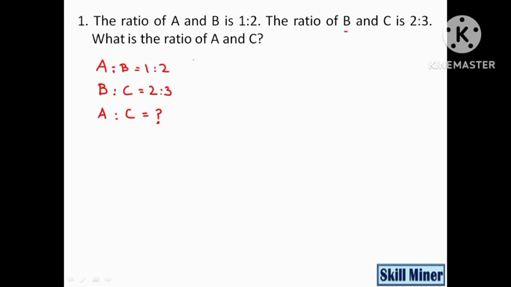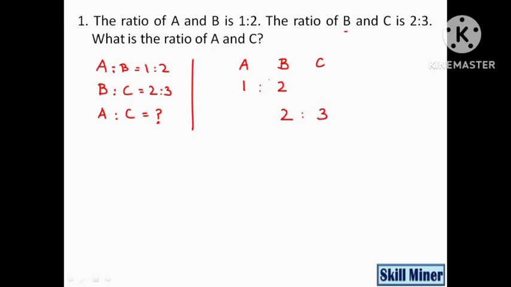In this type of problems, you separately write the variables, that is A, B, C. These three variables are mentioned in the question. The ratio of A and B will be 1 is to 2. Ratio of B and C is 2 is to 3.